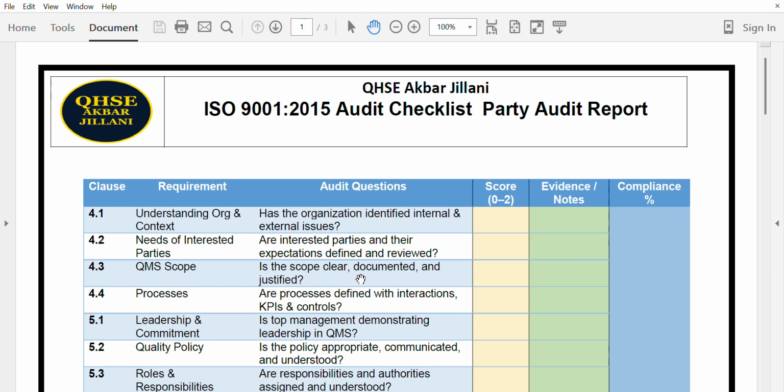And if some of the clauses of ISO 9001:2015 are not applicable to the organization, like in some organizations design is not there, 8.3.